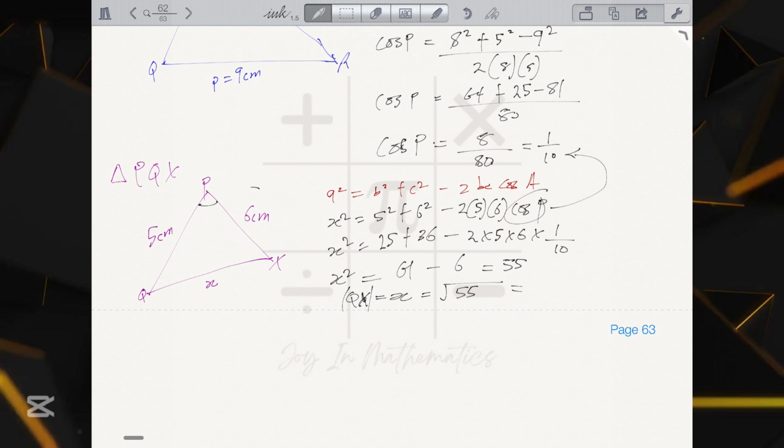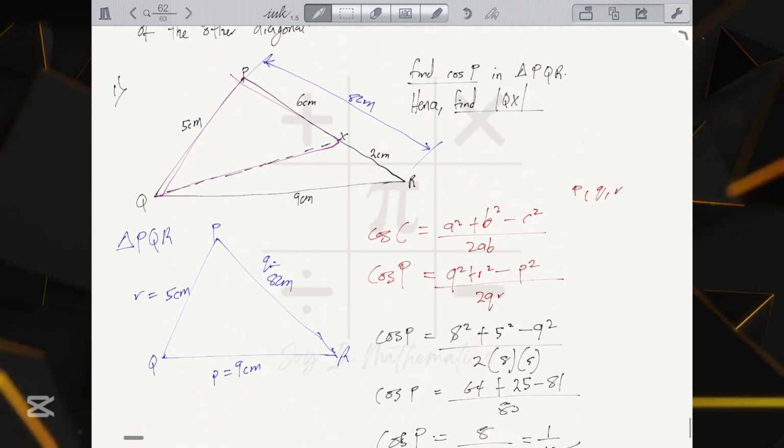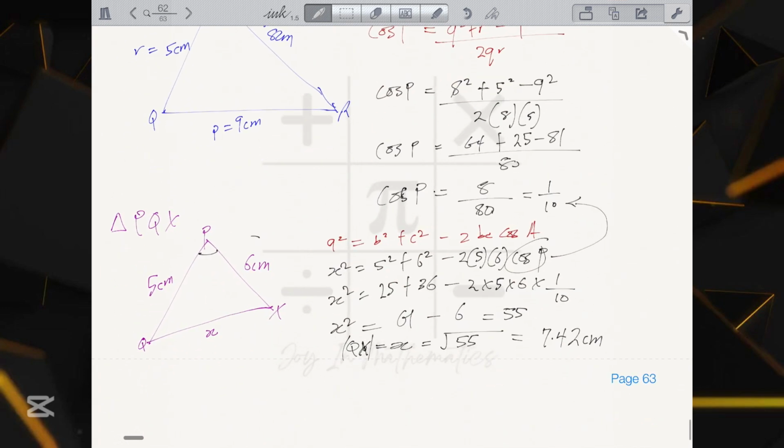And the square root of 55 is equals to 7.42 centimeters. So now we can see in the question that we're able to find the expression of cos P using the formula to evaluate angles from the sides, and also QX using the cosine formula.